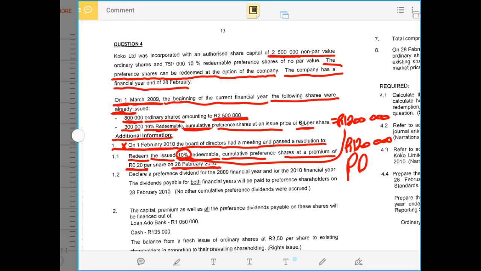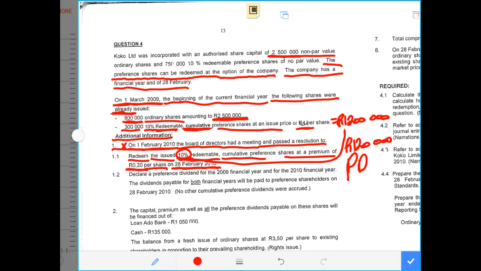Then after, it further says that, and let me just highlight this before I continue. We are given our premium in rands. Take note of that. Premium is given in rands as 20 cents, and they say 20 cents per share always. Whenever the premium is given in cents, or in rands, they will always say per share.